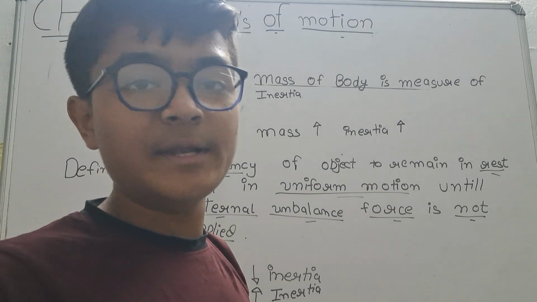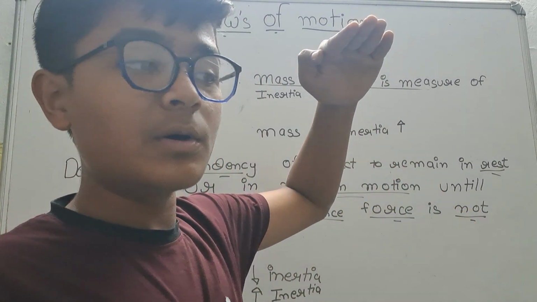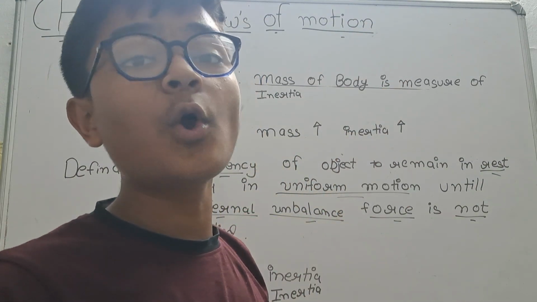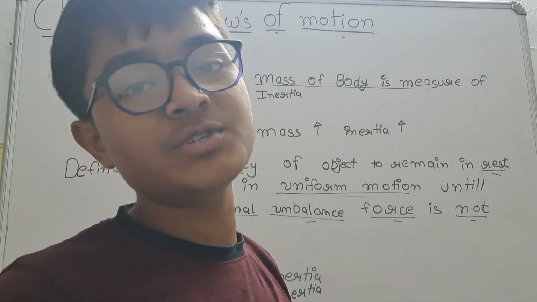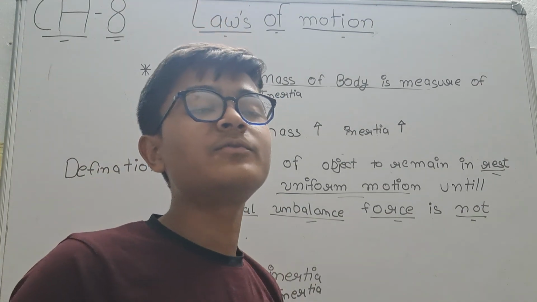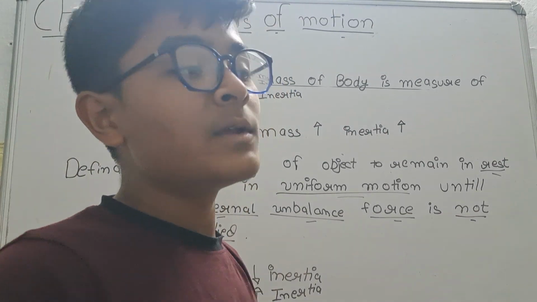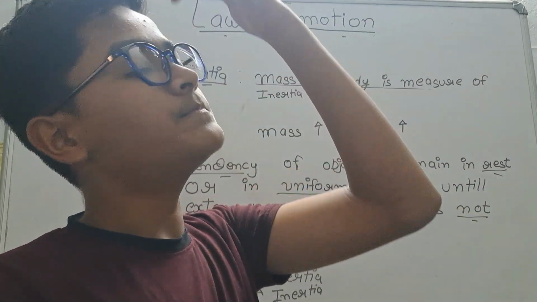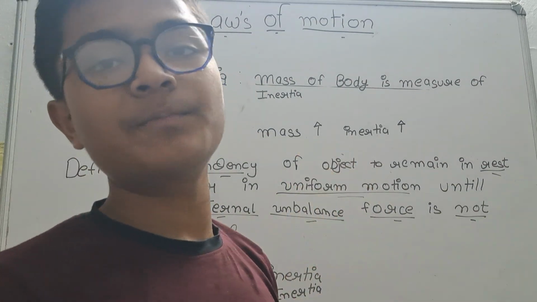too large, so the inertia will be too large. That's why to bring a train to rest we have to apply thousands of Newtons of force, or maybe more force is required to stop the train. While in the case of a car, the car is not heavier than the train, so we have to apply less force to stop the car.